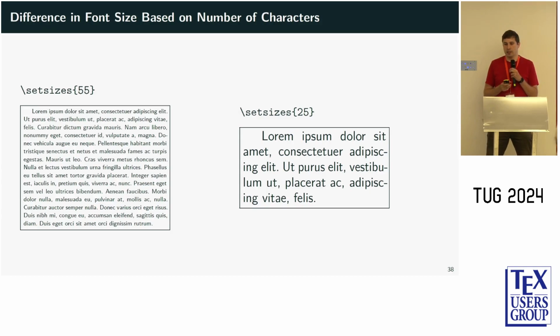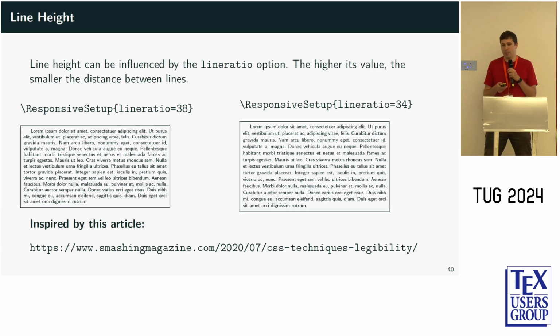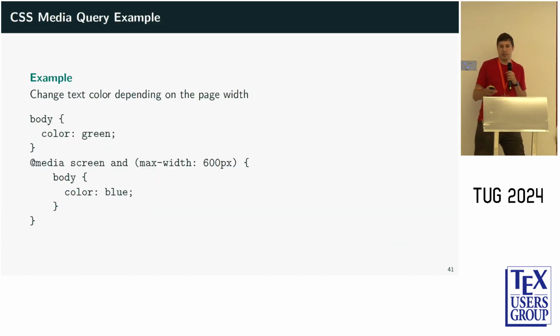And here is an example that uses the same width of the box and a different number of characters. So it just changes the font size. There are some other options. I need to skip them, but you can also change line height and stuff like this.